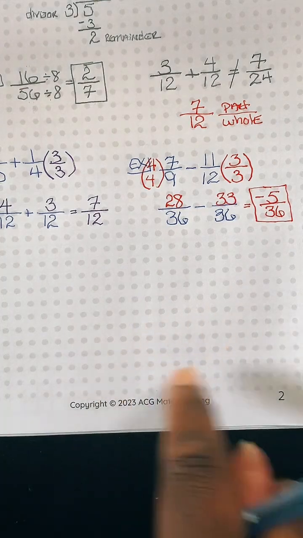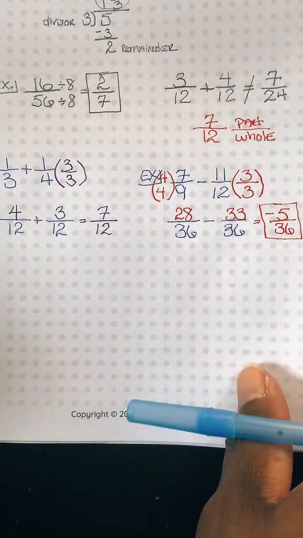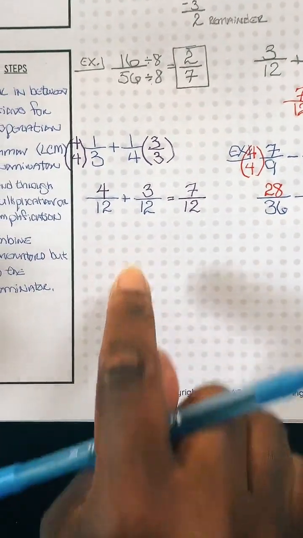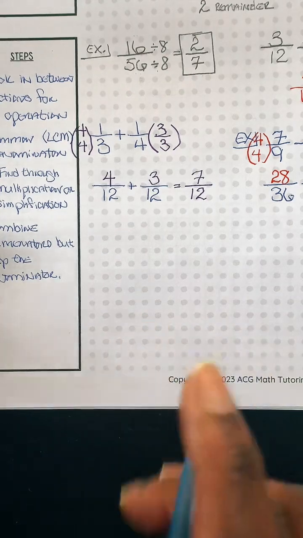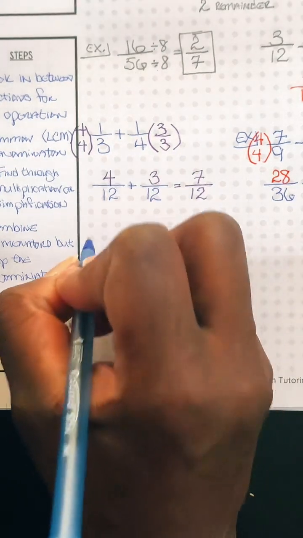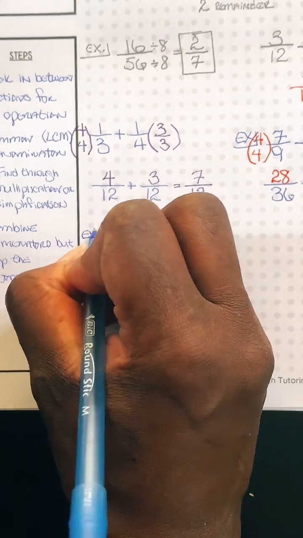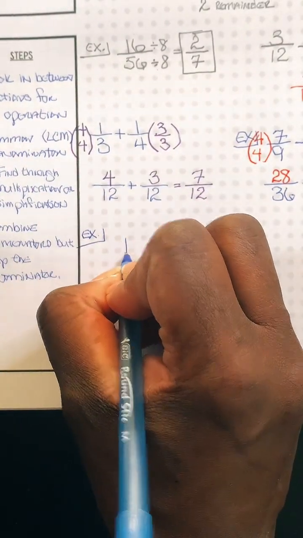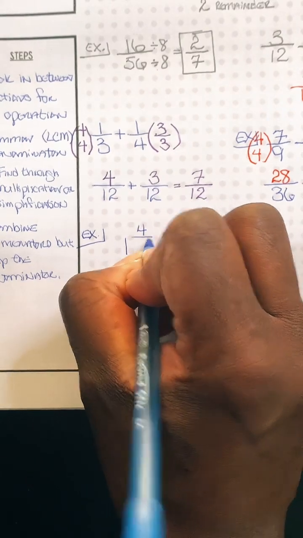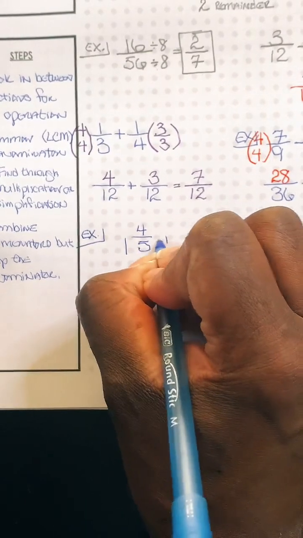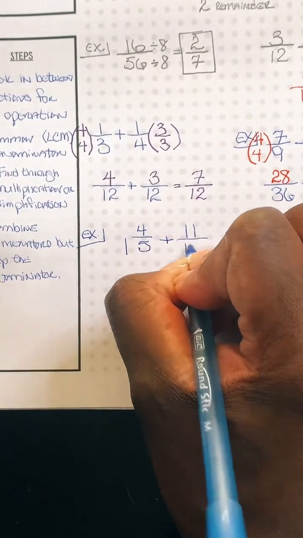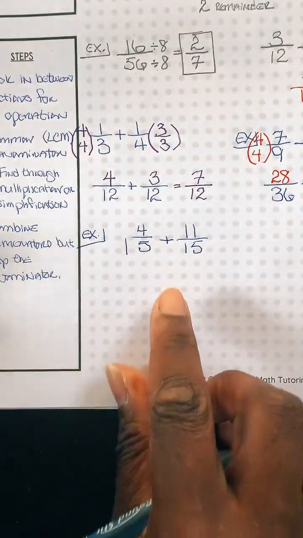So I'm going to add to this before we move on to the next piece. They always have a question like this every single blessed time. They have 1 4/5 plus 11/15.